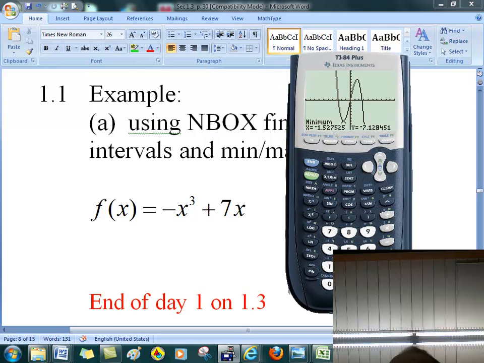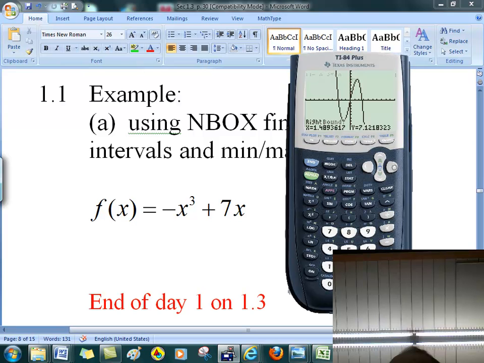Then go find your maximum in this one. How are you going to go find max? Noah, how are you going to go find max? Second calc, and max is number 4. Move the cursor to the left of the maximum point. Bring it kind of closer. It doesn't necessarily have to be too close.